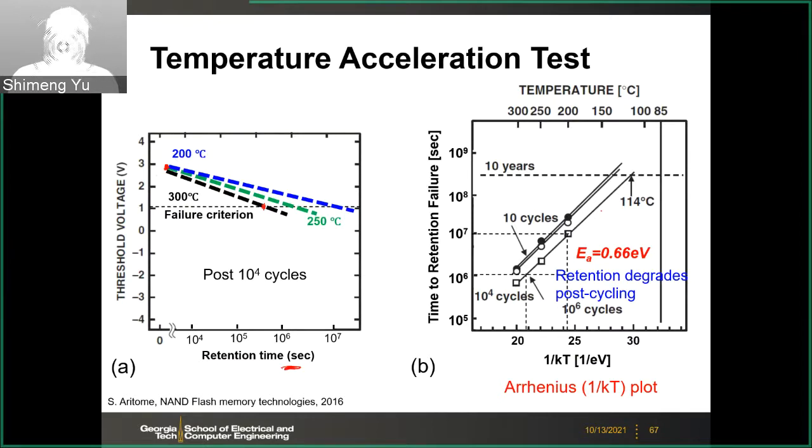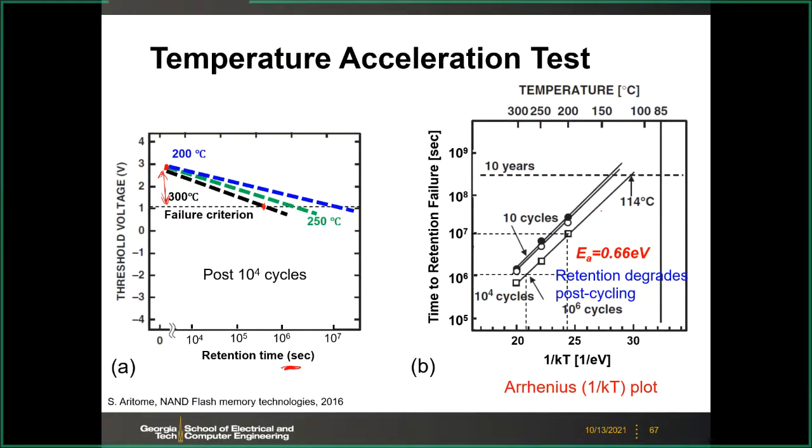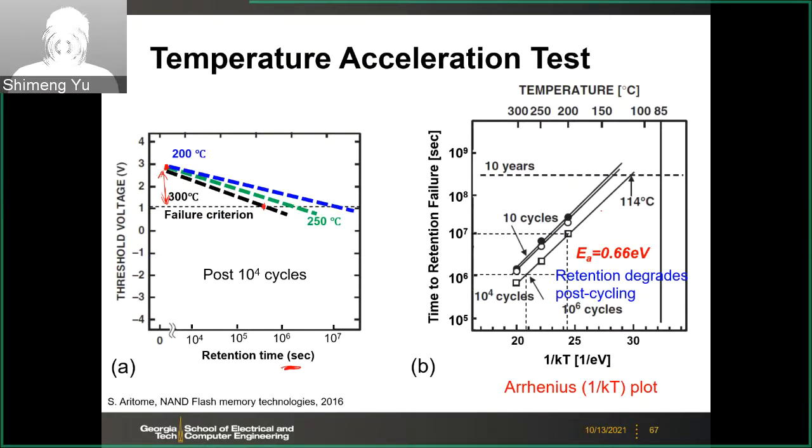So here the idea is to determine a failure criterion. For example, here the VTH shift by 2 volts. This is just an example. According to your application, if it's MLC, maybe you shift by 500 millivolts, you have to call it a failure. But anyway, in this SLC case, we define a change by 2 volts as a failure.